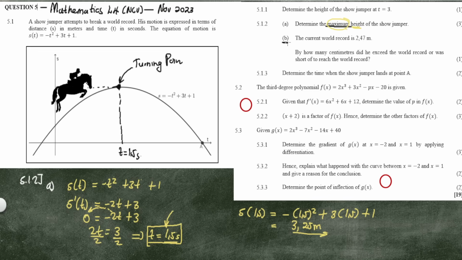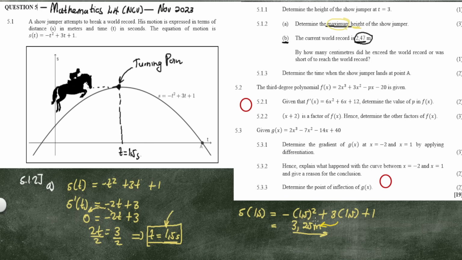Now group B. They are saying that before the jump, the standing world record was 2.47. Now check, we reach a maximum height of how much? 3.25 meters.